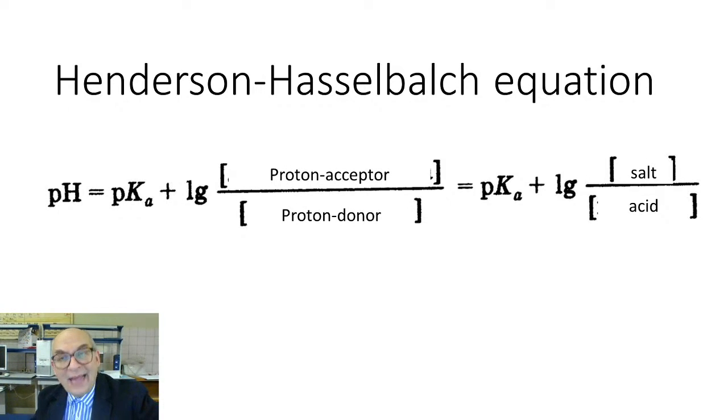Excess of sodium acetate means a rising of the pH, and 5 is larger than pKa. The final pH, which is 5, is larger than the pKa of acetic acid. It means it is larger than 4.76. And it means that it is correct.